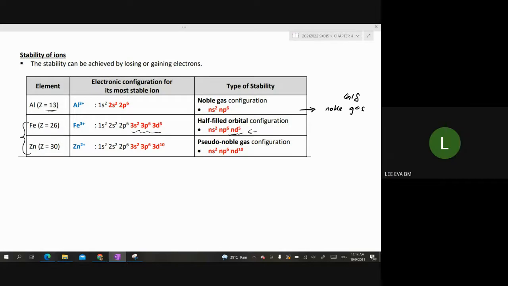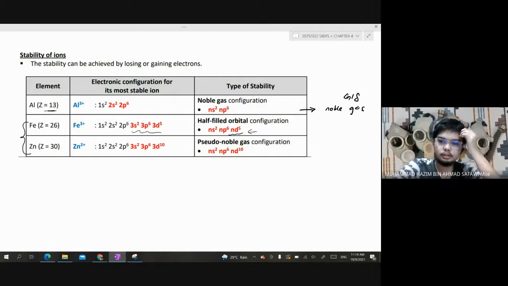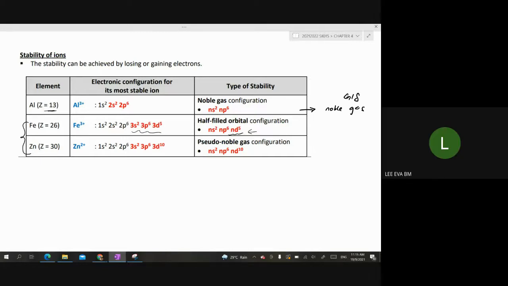If you look at the electronic configuration, it will be easier than memorizing this way. Alright, noted. And then the last type of stability is pseudo noble gas configuration. Pseudo here means kind of noble gas, but it's not exactly noble gas because noble gases don't have a d subshell.